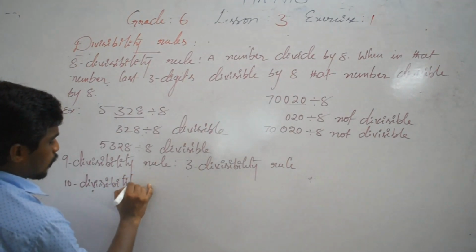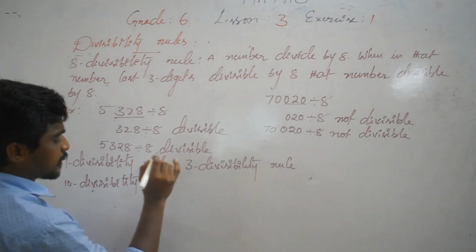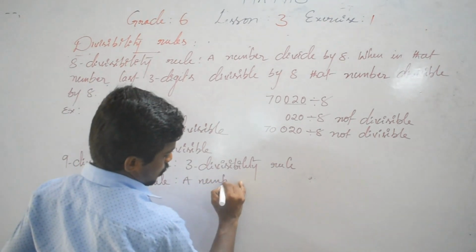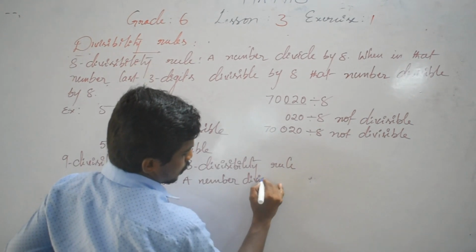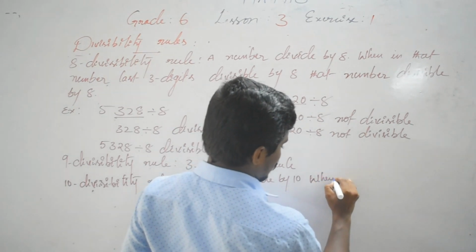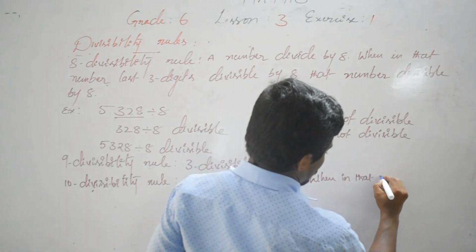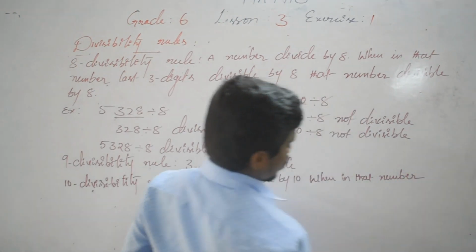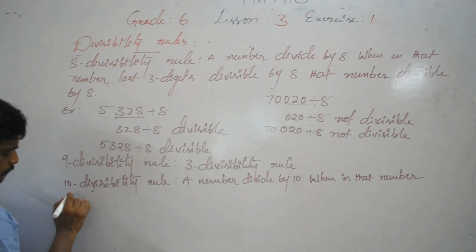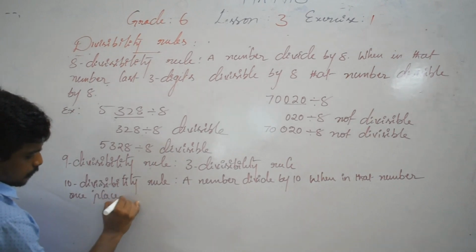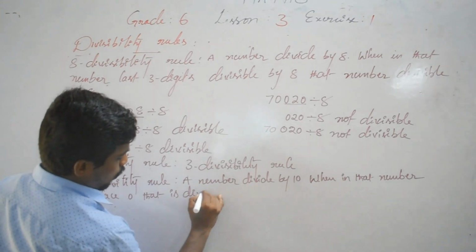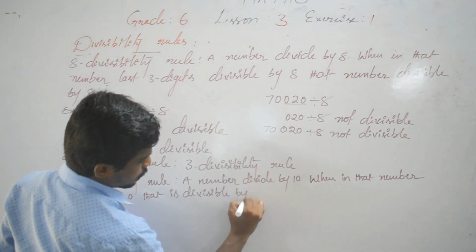You know the 10 table, the ones place digit is 0. So a number is divisible by 10 when the ones place is 0.